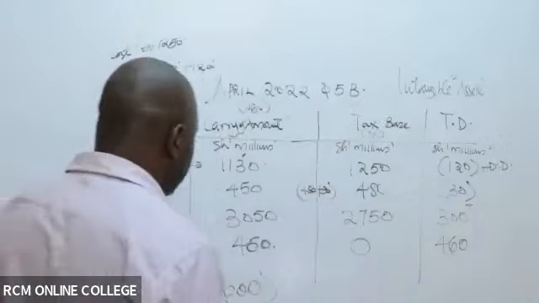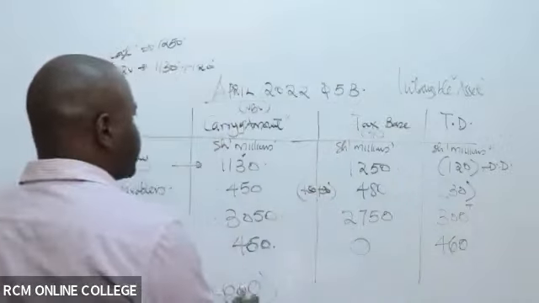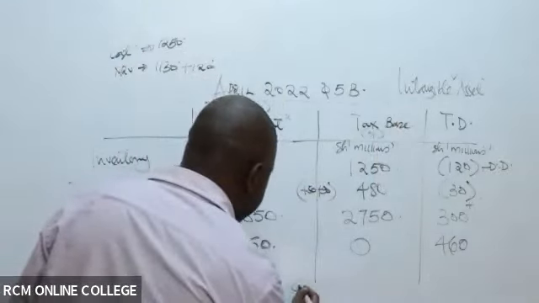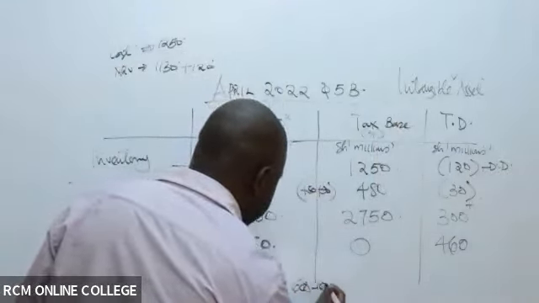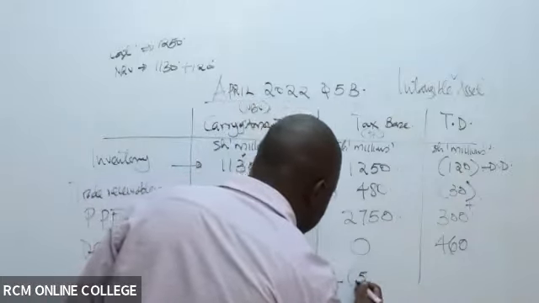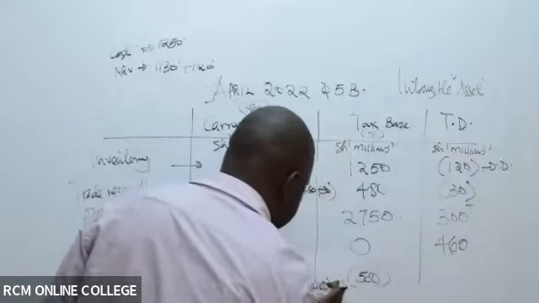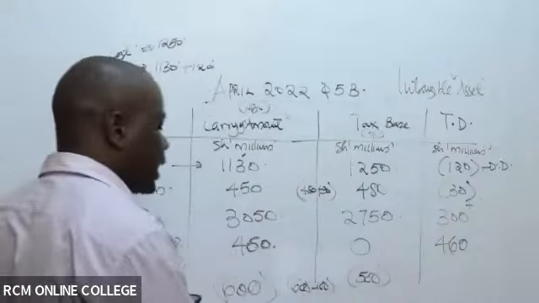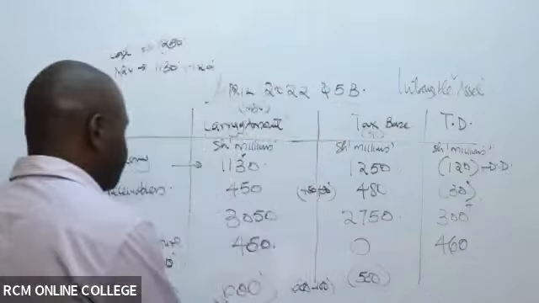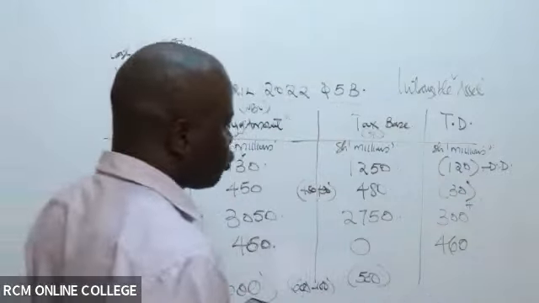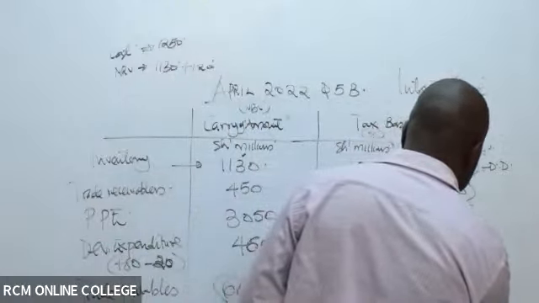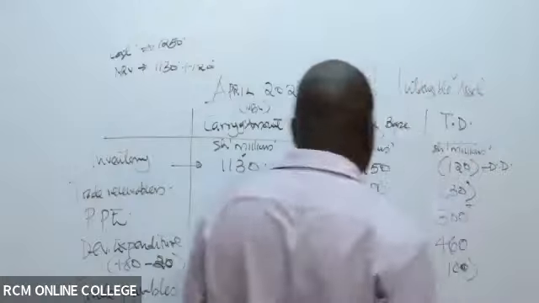So it means that to get the tax base, we have to get the difference, which is 600 minus 100. So what the taxman will consider for the trade payables will likely be 500. When you get the difference between the two, you end up with negative 100.